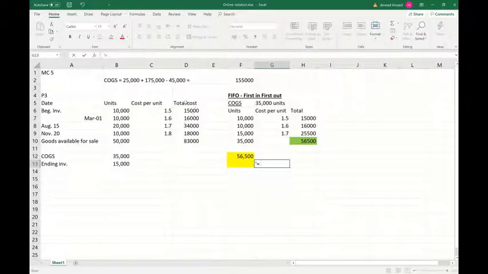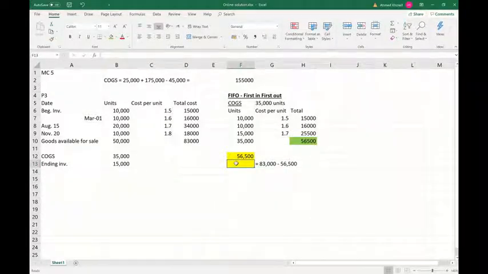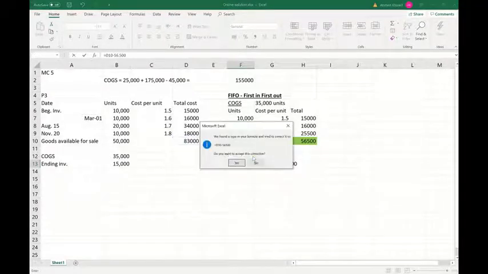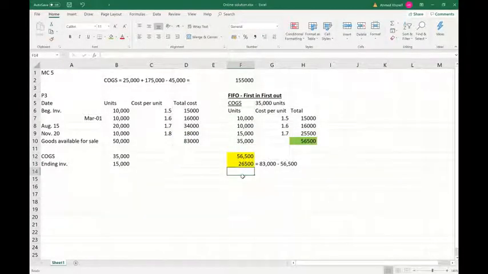The total cost of goods available for sale is 83,000, minus the cost of goods sold, 56,500. So the ending inventory is 26,500 if the company applies first in, first out.